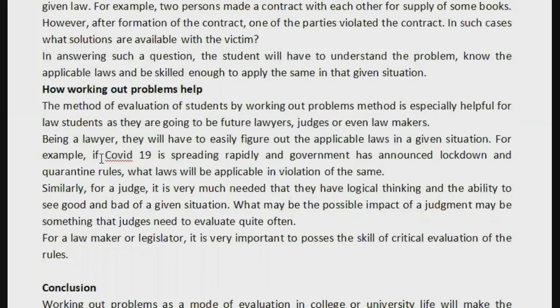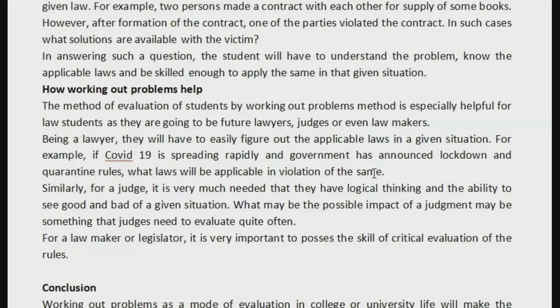For example, if COVID-19 is spreading rapidly and the government has announced nationwide lockdown and quarantine rules, what laws will be applicable for violation of those rules? We should be able to understand that, right? That these are the provisions under the IPC which will be applied in this given situation, right?